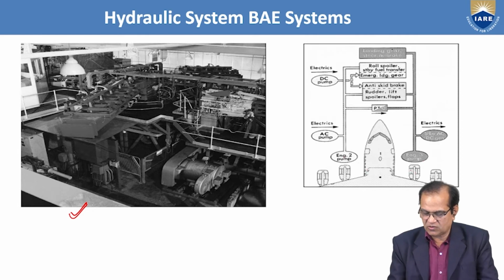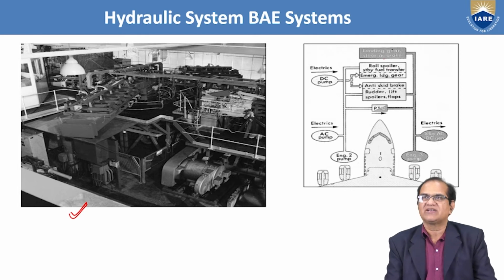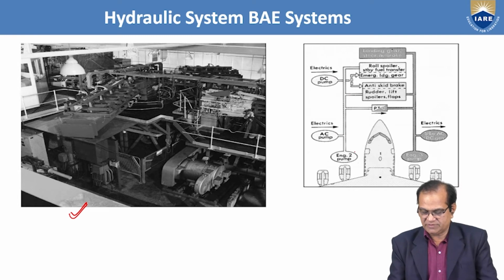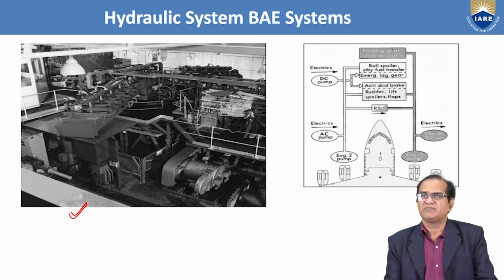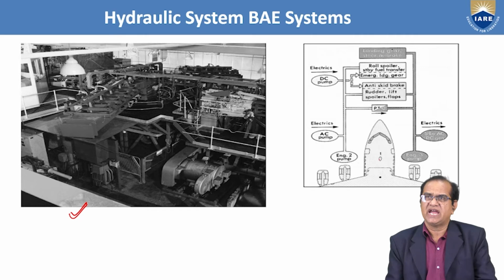Here you can see a roll spoiler, a DC pump, an electrical AC pump, engine pumps, and electricals. These things are operated, and in this way your hydraulic systems are working.